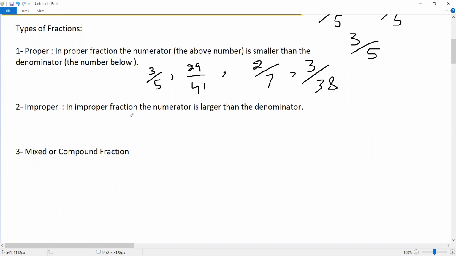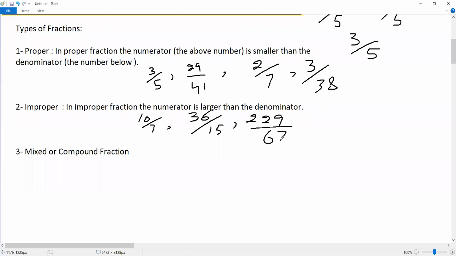What are the examples for those? Maybe 10 over 7. 10 is numerator, and numerator is larger than the denominator. Over here, denominator is 7. So this is an improper fraction. 36 over 15. 229 divided by 67.